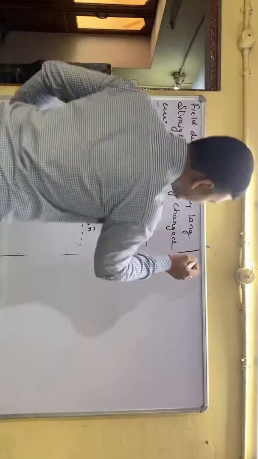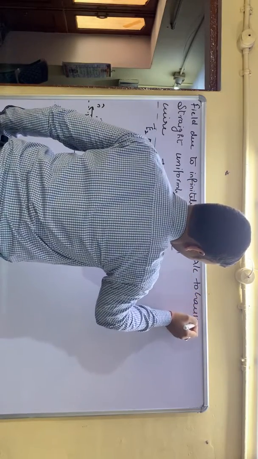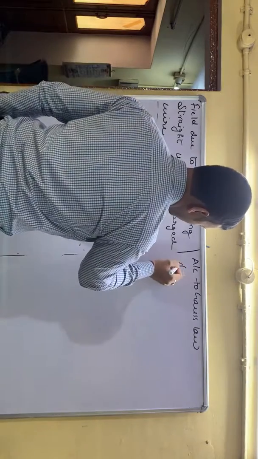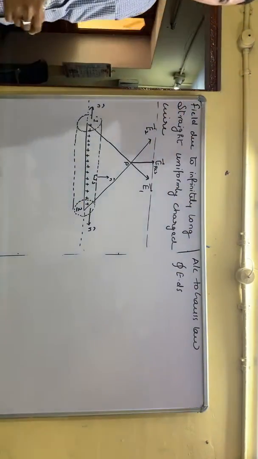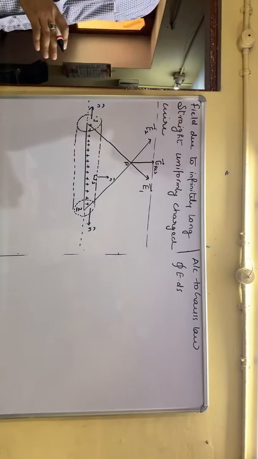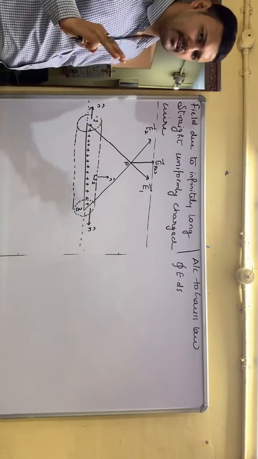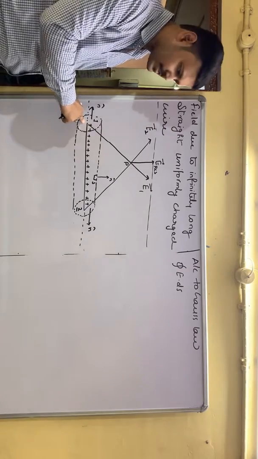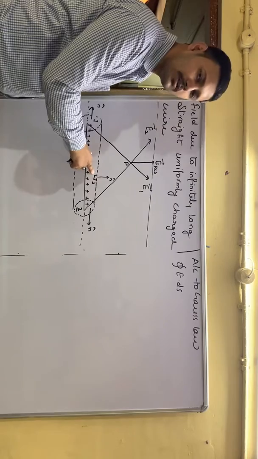Hence, according to Gauss's law, we know very well that the closed integral of E dot dS equals Q upon epsilon naught. But in this case we have three regions: first surface, second surface, third surface.